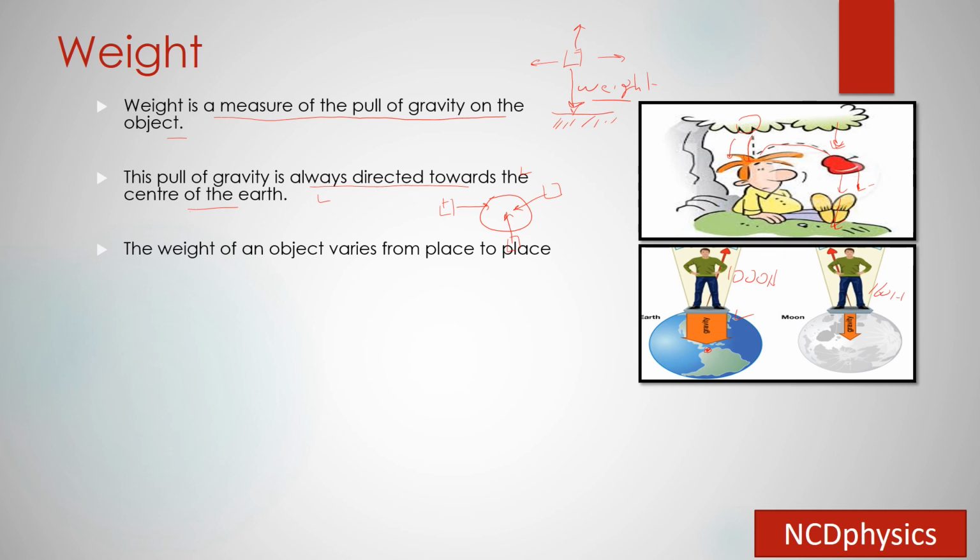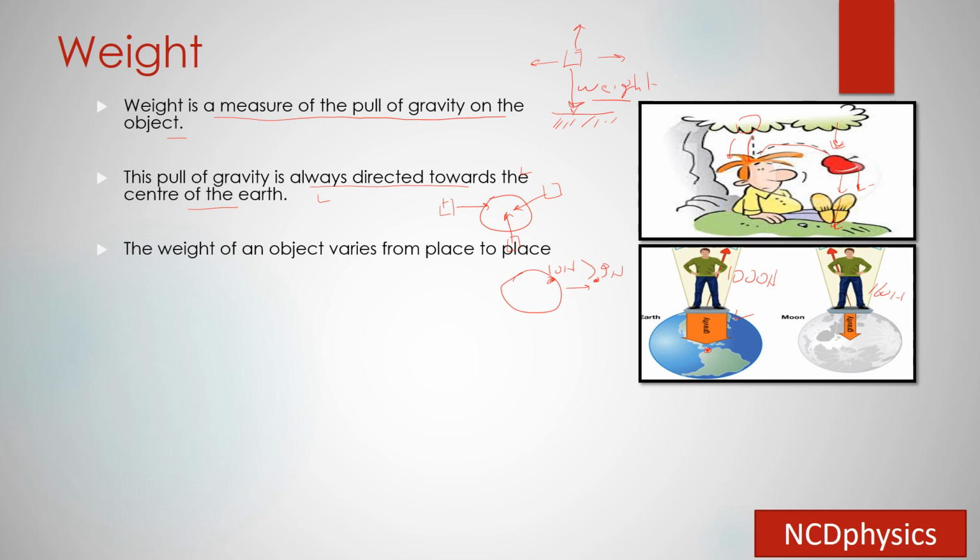You see, the weight of an object changes from place to place. Let's say the weight of an object is 10 Newton at the surface of the earth, but when you take it away from the surface of the earth, then it will be less than 9 Newton.